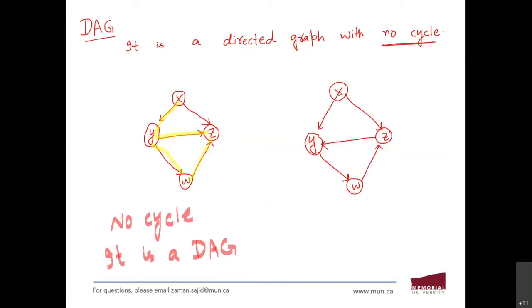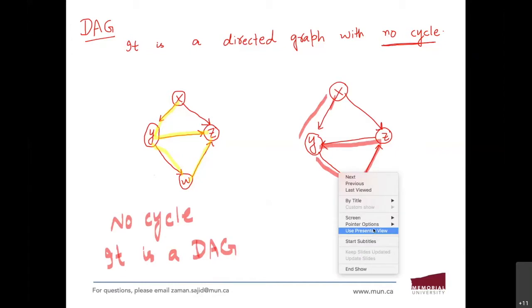Again, I start from x, I go to y, and then from y to w, and then w to z, then I'm coming back to my y. So that is what it has, a cycle in it. So it is not a directed acyclic graph because I'm coming back to my y here. So there is a cycle in this, and that's why it is not a directed acyclic graph.